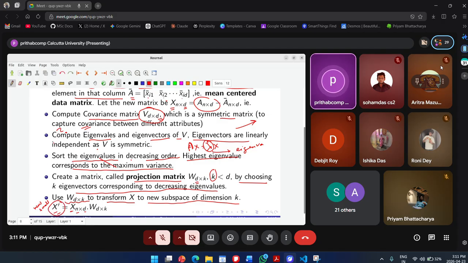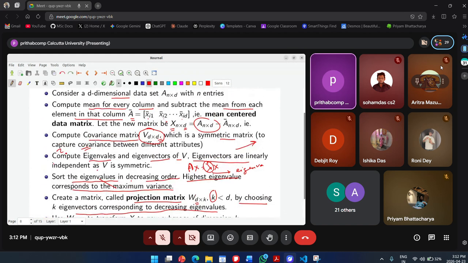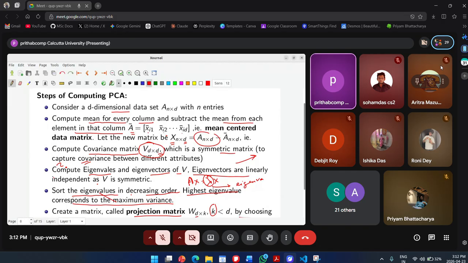This X dash is your new smaller matrix that has the maximum variance, but projected in a smaller number of dimensions. I hope you remembered the steps of this PCA computation. Now we will emphasize what the importance of this is.